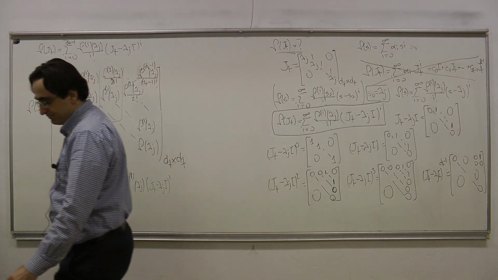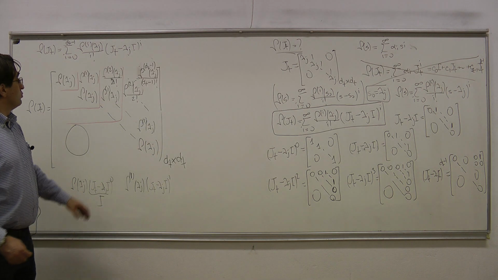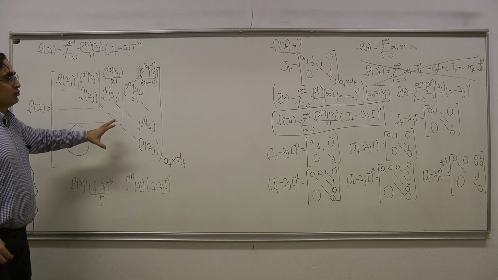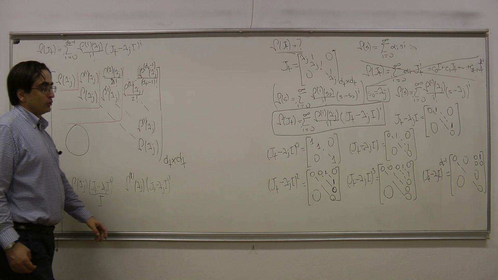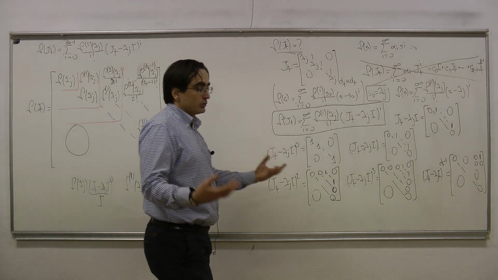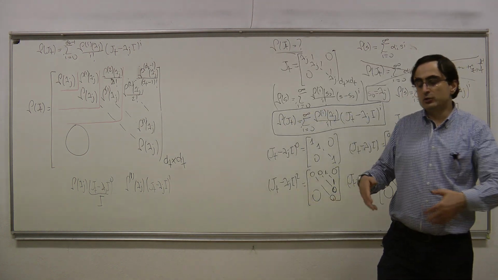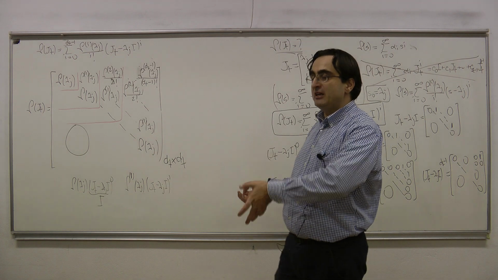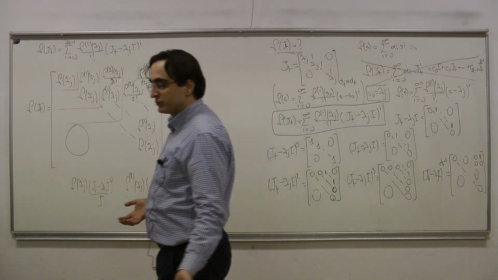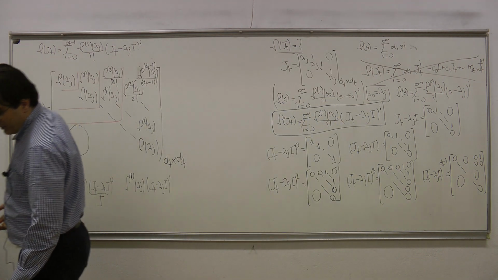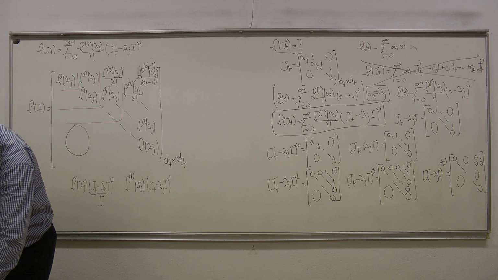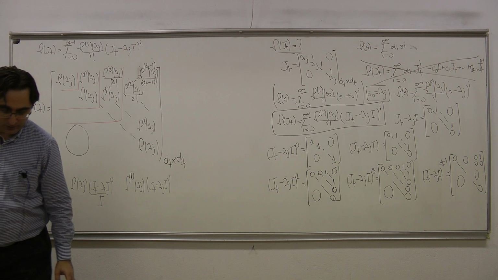Okay? So when you apply this theory to all Jordan blocks in your Jordan canonical form, you are going to get the function of the Jordan canonical form. And then you will multiply it with P and P inverse from the left and from the right, and then you will get the function of the overall matrix.